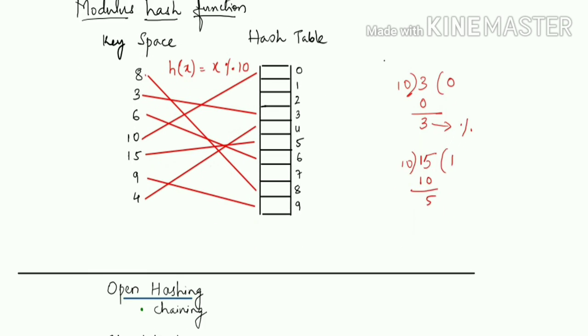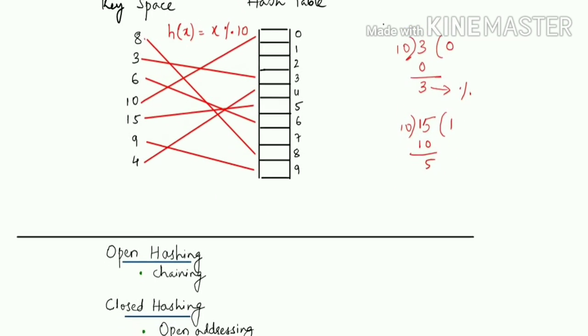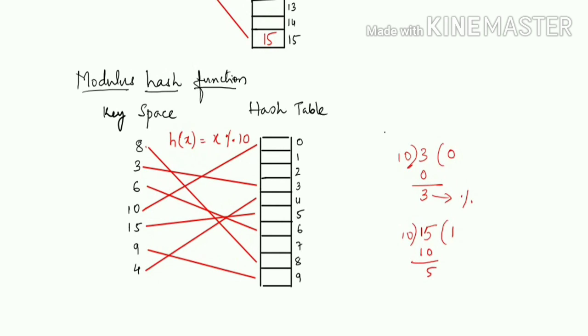I'll just complete or fill in the elements here, that is 10 will be stored here, 8 will be stored here, 3. But still there might be a problem when we have an element to be stored as 25.